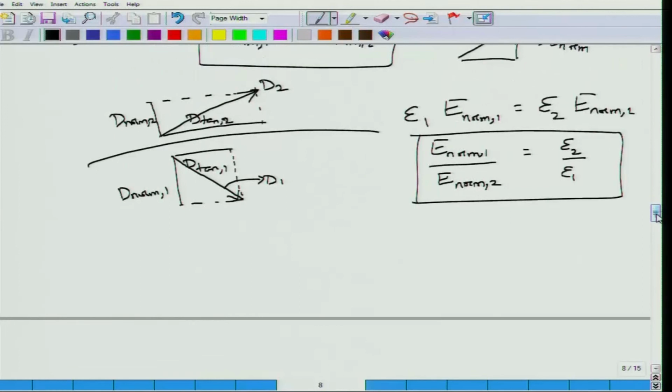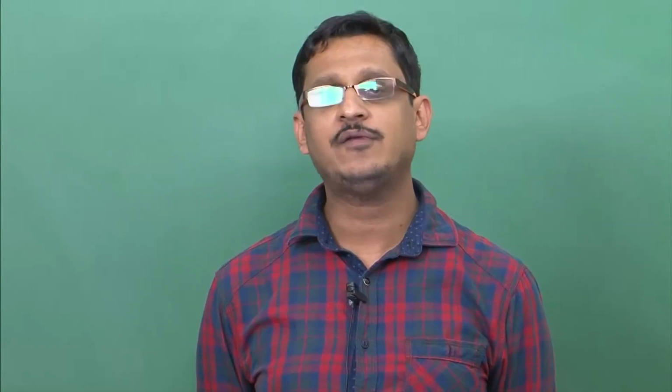So now I have got all the relationships that are necessary in order to solve the previous problem. Remember what the problem was? In the last class we placed a Teflon slab and we said that the electric field outside of the slab is uniform, upward directed with a value of E0 volts per meter. I did not know what the field inside was, but now it is very easy for me to see.